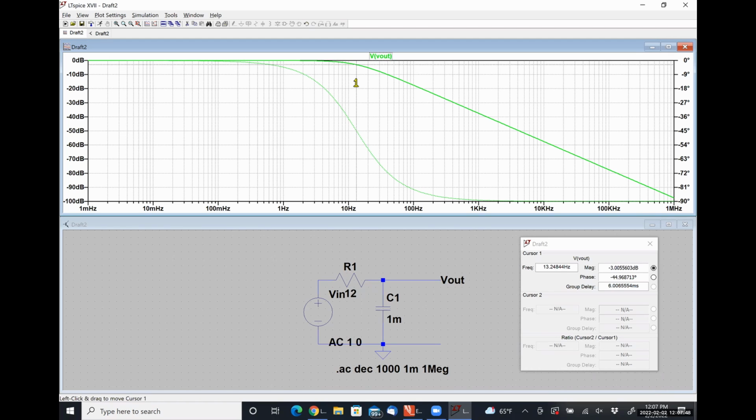So what is 1 over R times C in this case? 1 over 12 times 10 to the -3, 250 over 3, or 83.333.